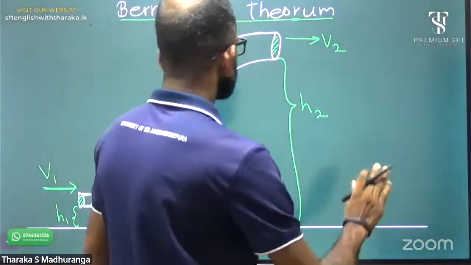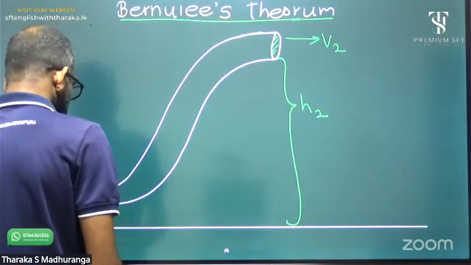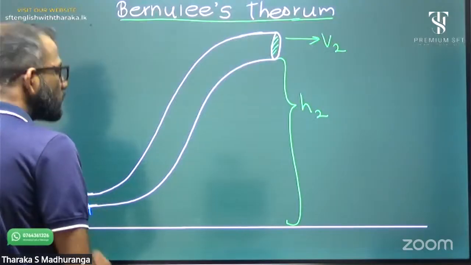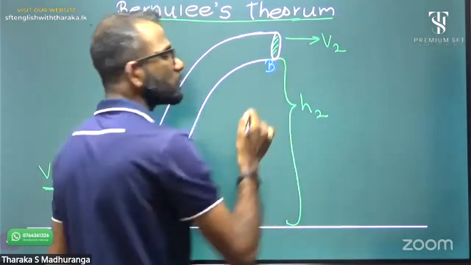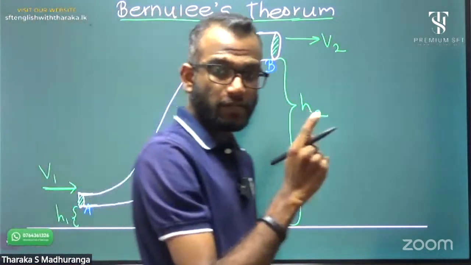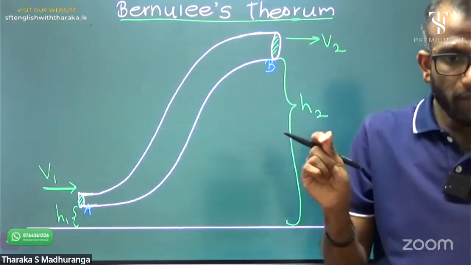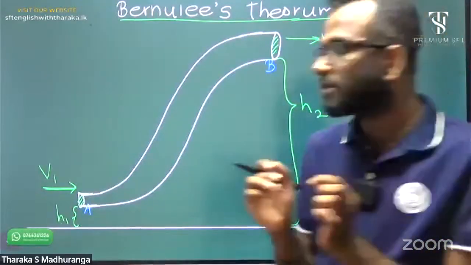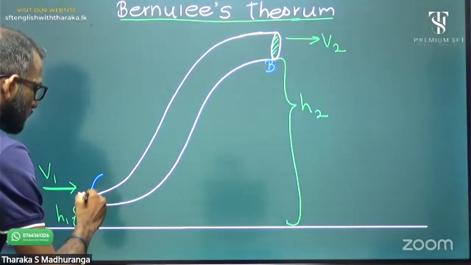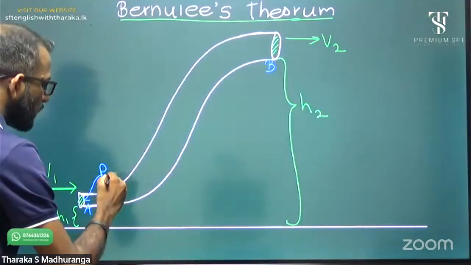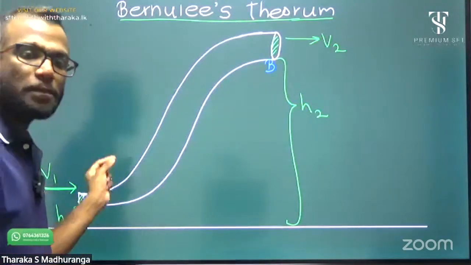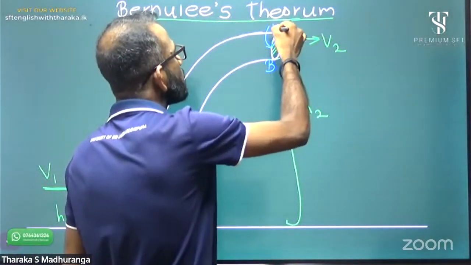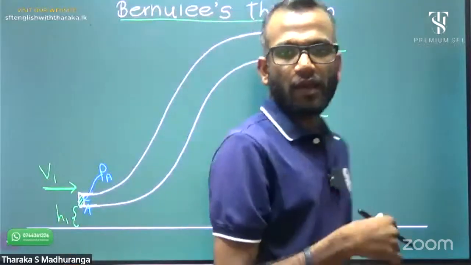Additionally, think this is the A side and this is the B side. Two ends, A and B. At the A point, the pressure is PA, and the pressure at the B point is PB.